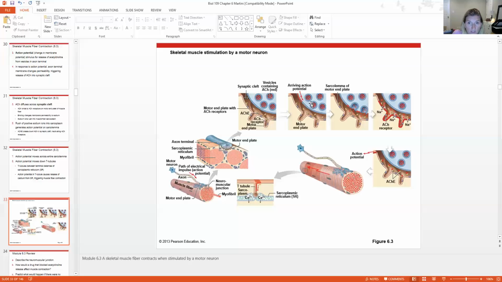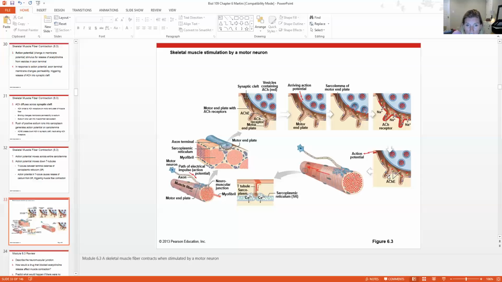That's telling us that there's an action potential there. That action potential triggers the release of acetylcholine. The acetylcholine now binds. You can see it here in a couple instances, those little red bubbles binding to those little gray pieces. And as acetylcholine binds, it's causing sodium to rush in.